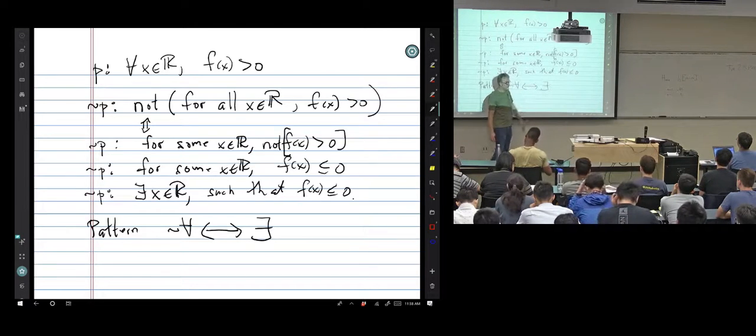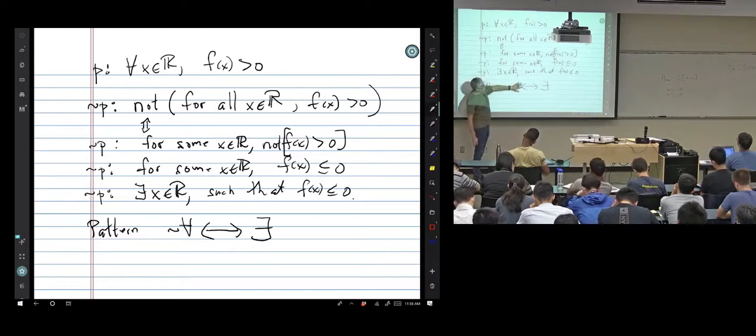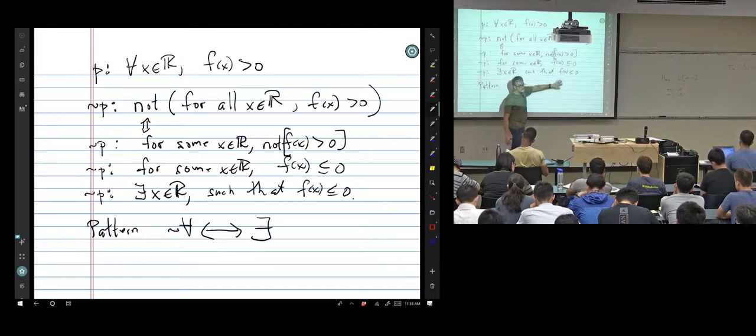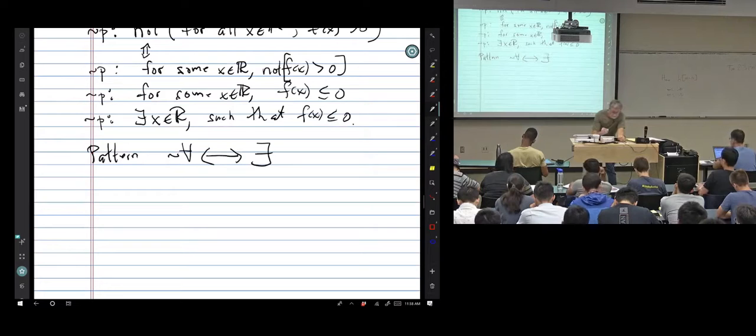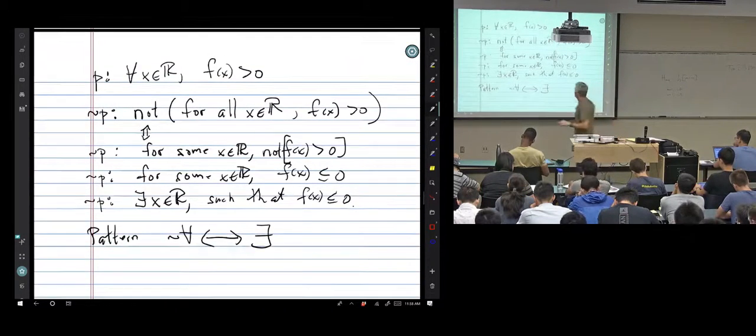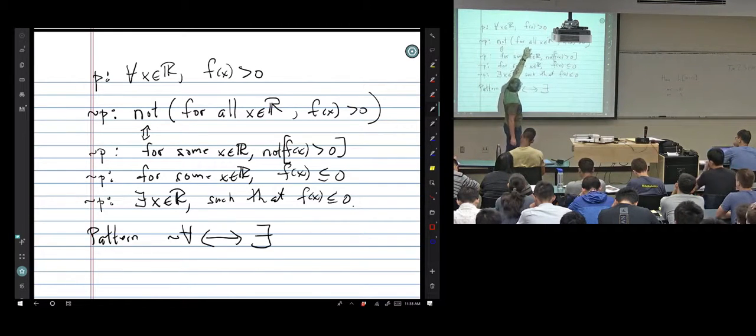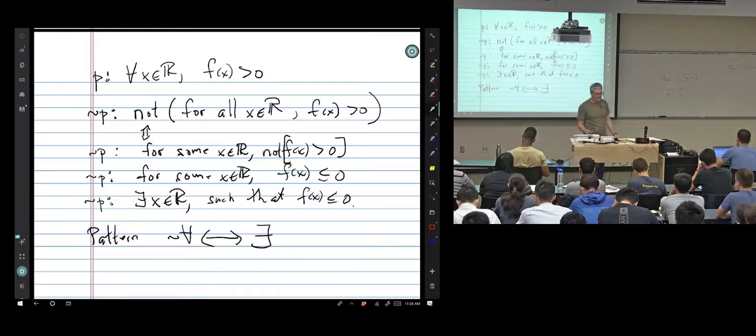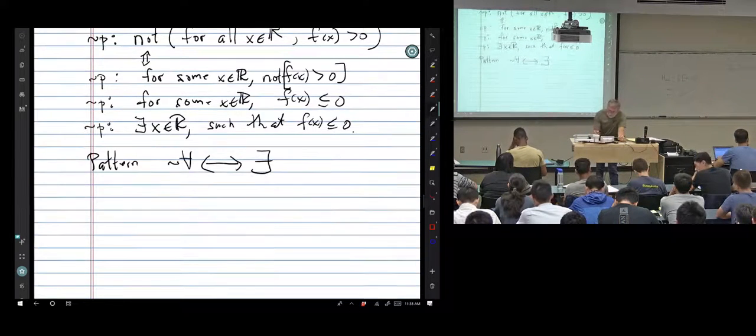Okay? That's the pattern. Not true for everything, there is some element that makes it false. So, not true for every x in R, then there exists an x that makes that statement false. F of x greater than 0 is false when f of x is less than or equal to 0.